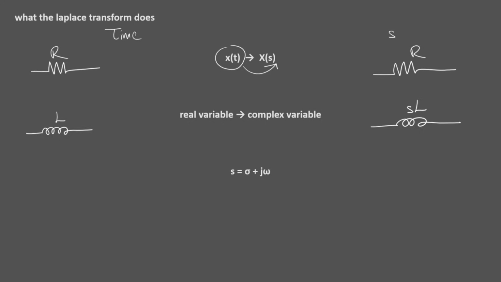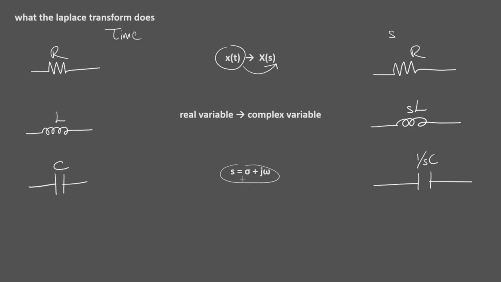Okay, S is a complex variable times L. All right, an almost identical thing for capacitors. Capacitors have capacitance C, current IC is C dV dt, and then you just end up with a simple 1 over SC, which makes the mathematics much simpler. All right, so you move real variables to complex variables.